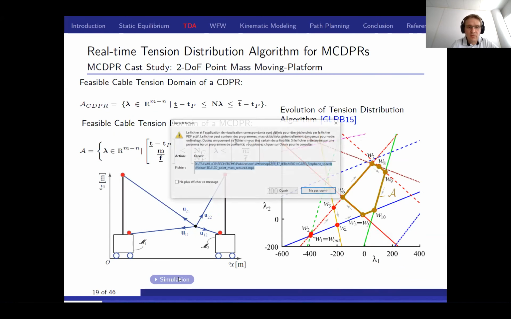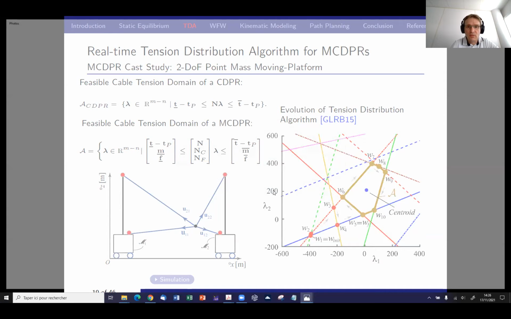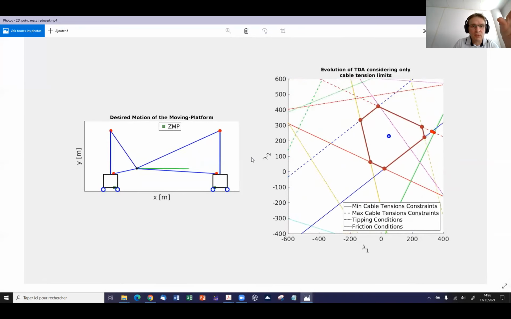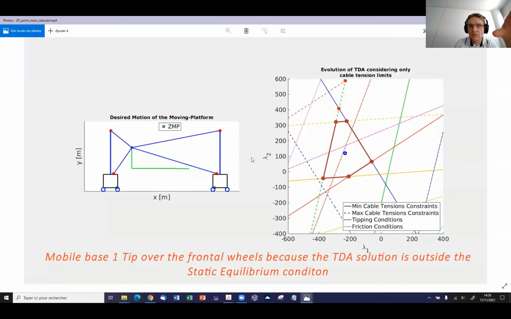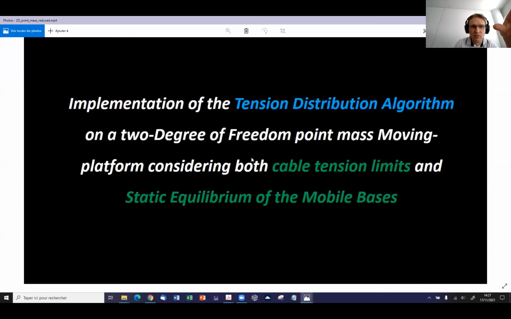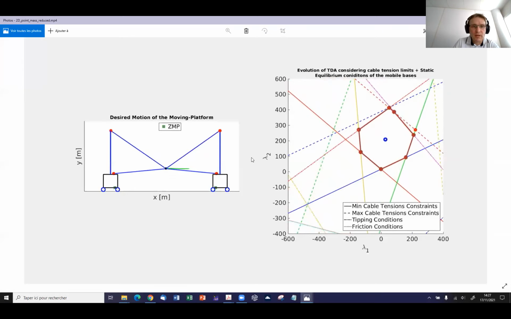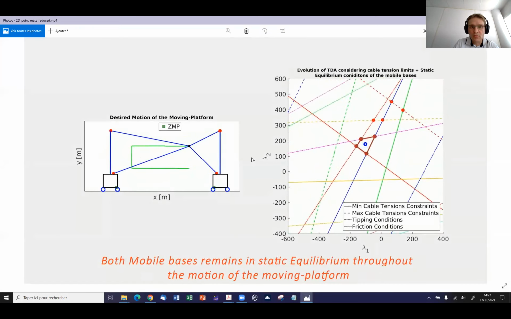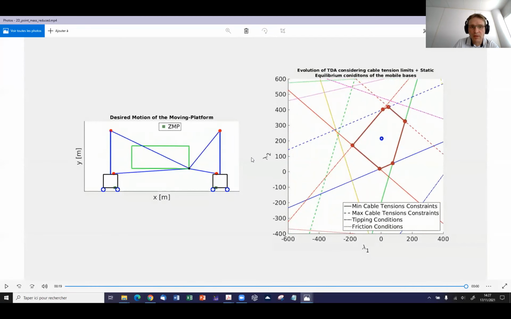So here I have just a small animation showing clearly the contribution of this work. If we do not pay attention to the tipping and sliding conditions of the mobile bases, the mobile base may tip when the moving platform follows the prescribed path.